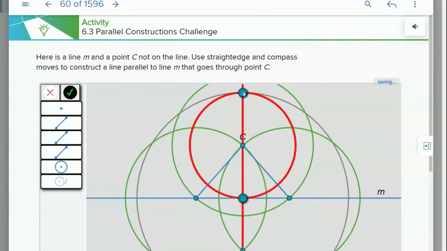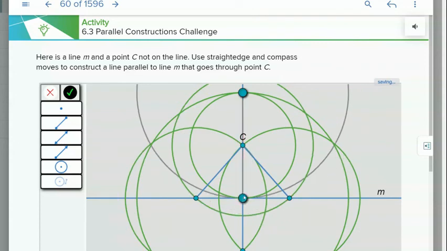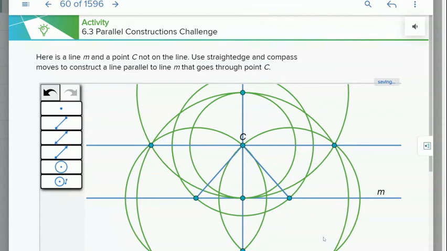Let's go out further. That one. And we're going to do one more from here to here. And if you notice, those two circles that I created have their own points of intersection. And if you were to create a line going through there, look at that. You got a line that's parallel to line M that cuts through point C.